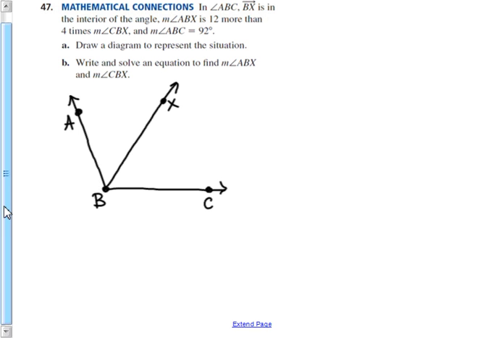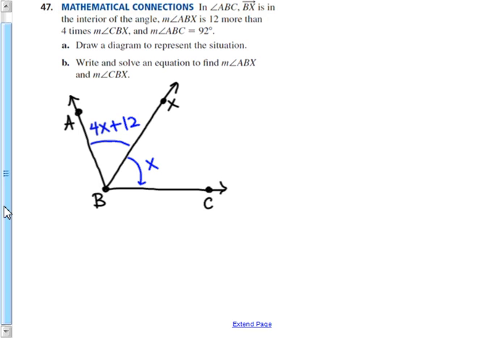It says that the measure of angle ABX is 12 more than 4 times the measure of CBX. To represent that, I'm going to call angle CBX, from here to here, just angle X. And then I'm going to call angle ABX 12 more than 4 times that, which would be 4x plus 12.